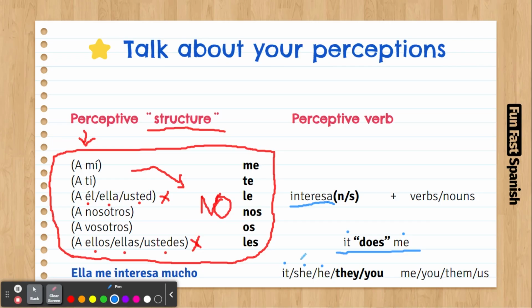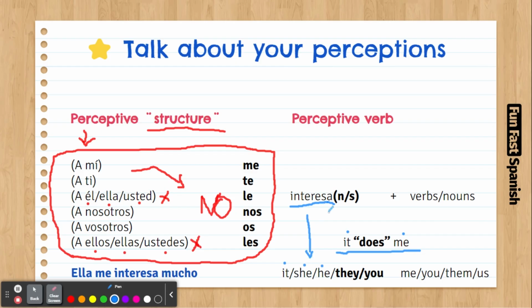O él me interesa, right? So we use the verb conjugated in third person when you're interested in a third person thing. It could be a she, he, or it. In Spanish, remember, we only have she and he. Things are feminine and masculine.